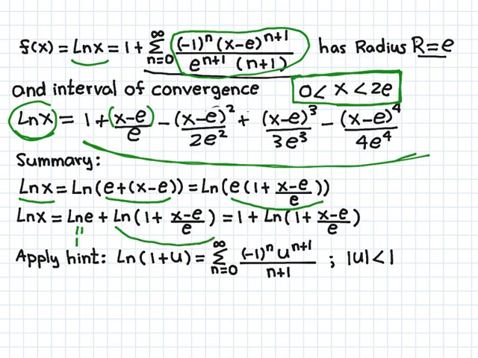And recall we were given this hint: the power series representation for the function log of 1 plus u is summation n equals 0 to infinity, (-1)^n times u^(n+1) divided by n plus 1. So after we applied the algebraic tricks, it was actually pretty easy once we applied this hint to find the power series representation of log x in powers of x minus e. All right, thanks.